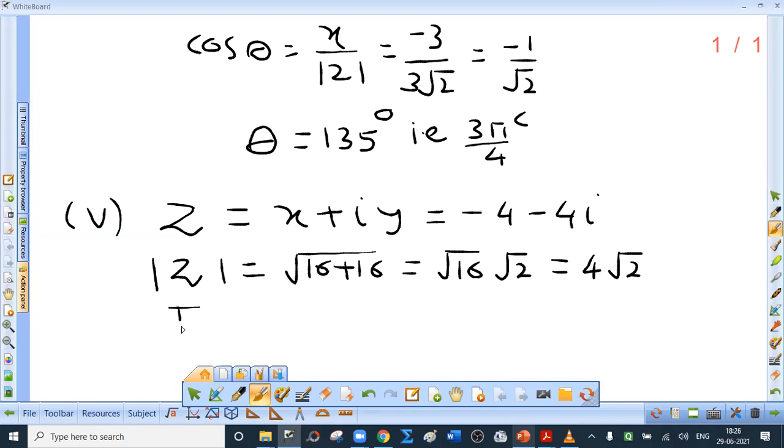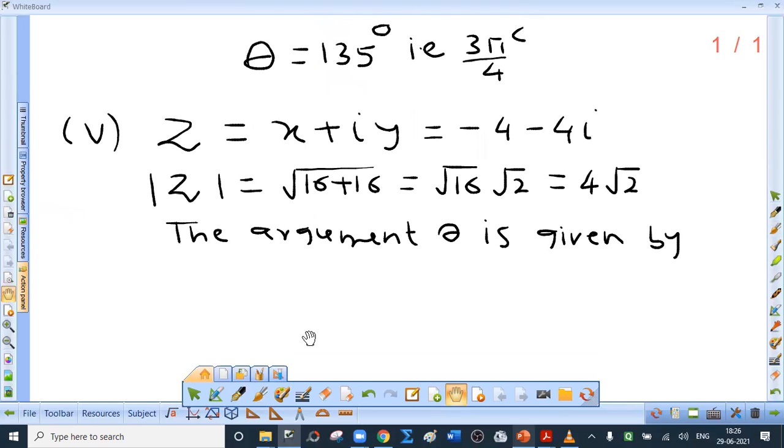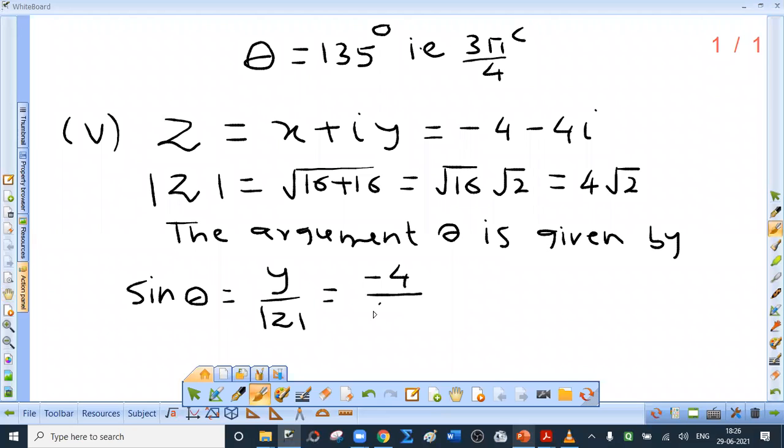The amplitude or argument theta is given by: I will write sine theta as y upon mod z, that is minus 4 upon what? Minus 4 upon 4 root 2, that is minus 1 by root 2.